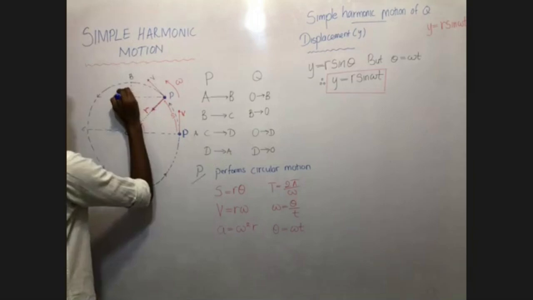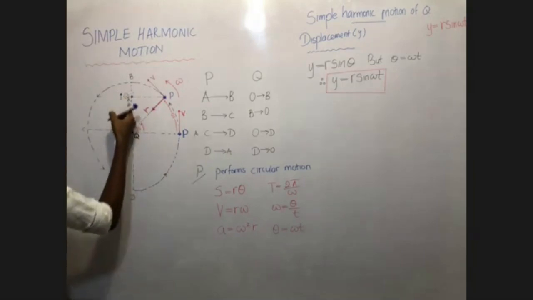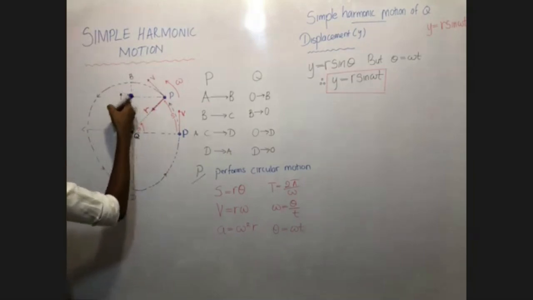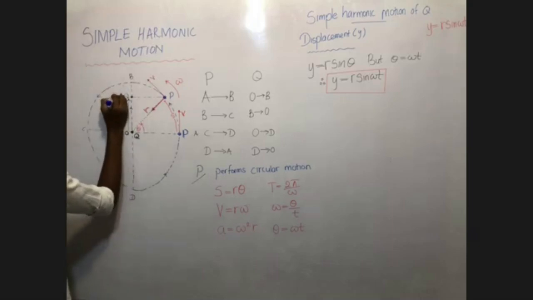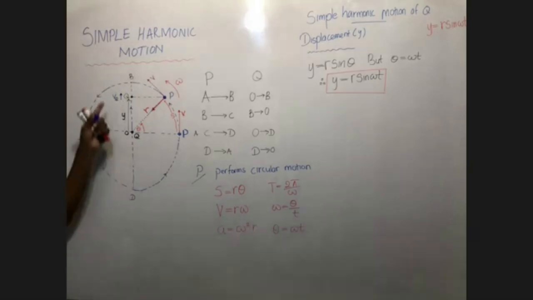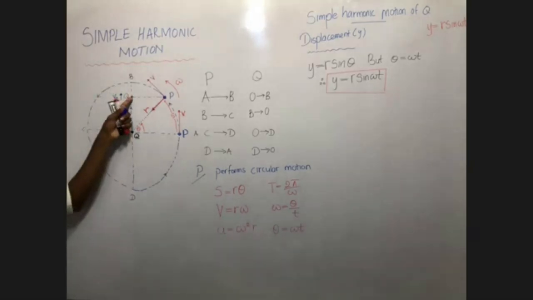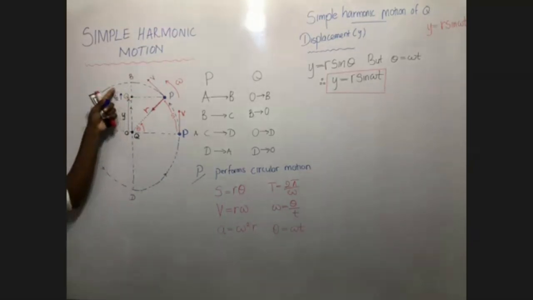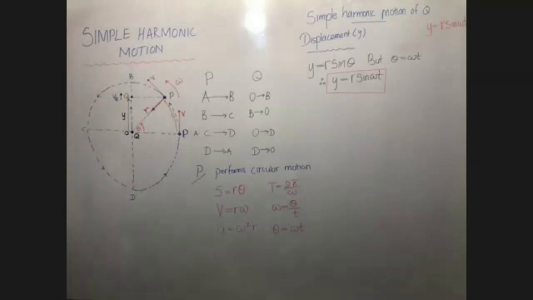I'll assume this q particle is having a velocity of vq. I'll assume the particle that performs the simple harmonic motion has a velocity of vq. Right?